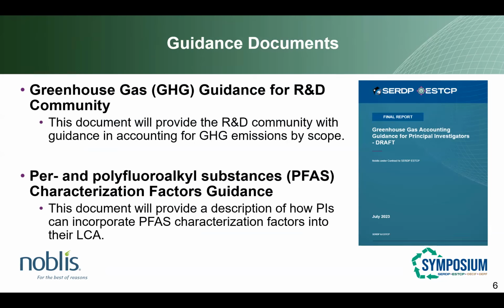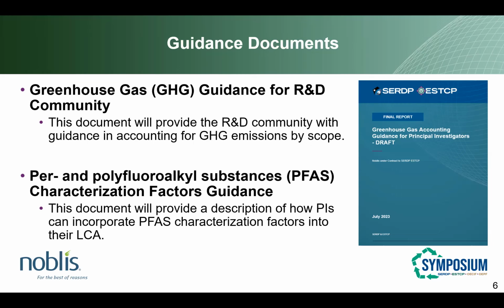Next, we also have included a per- and polyfluoroalkyl substance, or PFAS, characterization factors guidance. This specifically provides characterization factors for 2 specific PFAS substances, including PFOA and PFOS. This guidance helps to improve the resolution of the ecosystem quality impact category by providing additional ecotox and environmental fate and transport indicators.